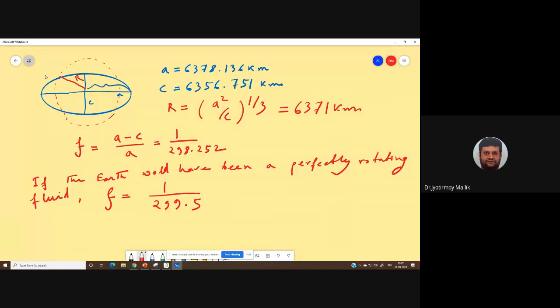So that means that, we know from our experience, of course, the crust is not a fluid, right? So there is a change in rheology, there is a difference in rheology along the radius of the Earth. Okay, so we can also say that the Earth has more strength than a fluid, right?